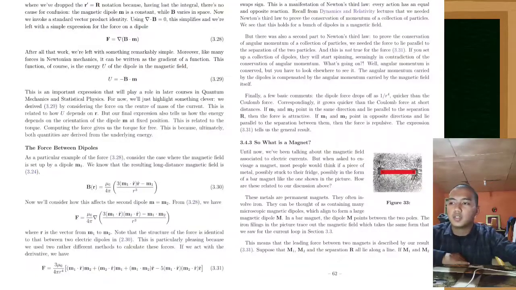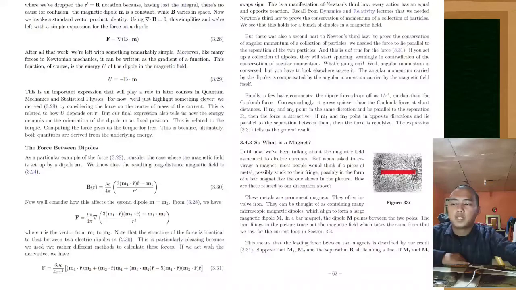This is related to how U depends on r, but our final expression also tells us how the energy depends on the orientation of the dipole m at fixed position. This is related to the torque. Computing the force gives us the torque for free. This is because ultimately both quantities are derived from the underlying energy.